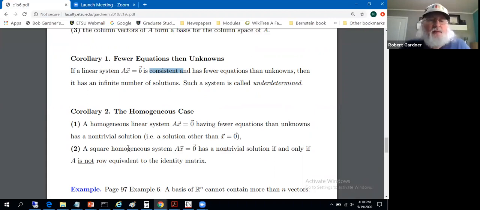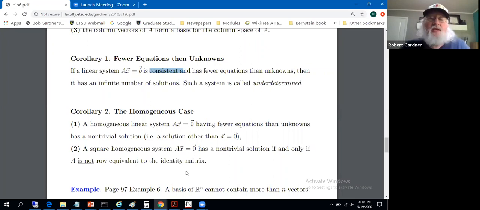Second claim: a square homogeneous system, Ax equals 0, has a non-trivial solution if and only if A is not row equivalent to the identity matrix. If A is row equivalent to the identity matrix, then we get a unique solution, and that would have to be the trivial solution, x equals 0.